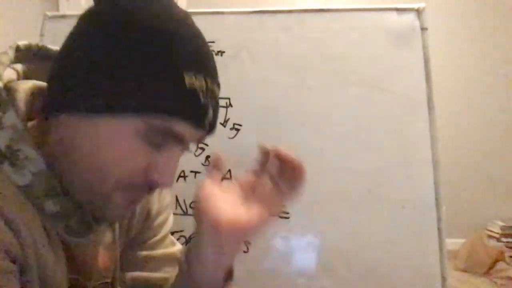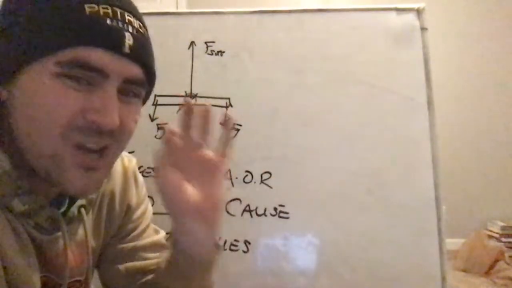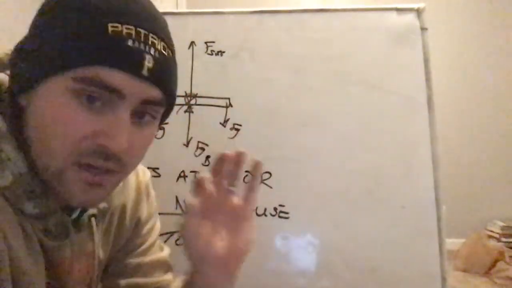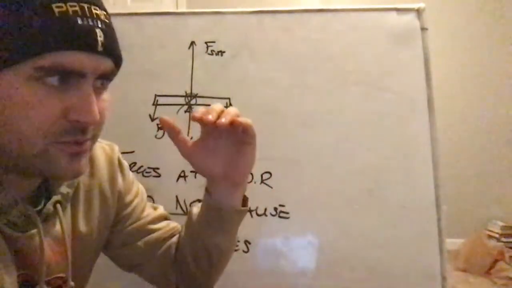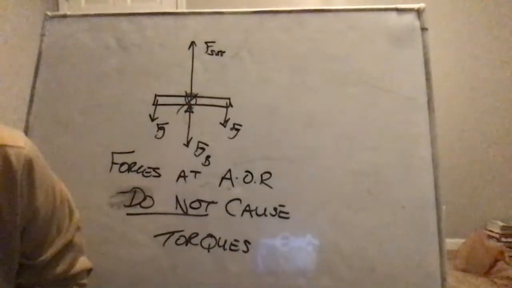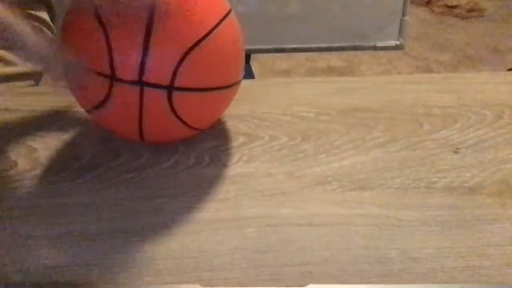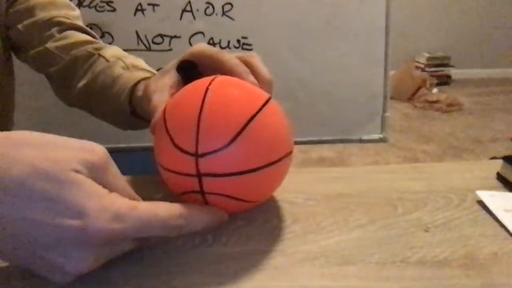The reason that static friction produces rolling is because in order for something to roll, a new part of that object must touch the ground every instant. Let me get my basketball. Basically, Nathaniel, if I'm going to roll my basketball right here, watch the seam, right?